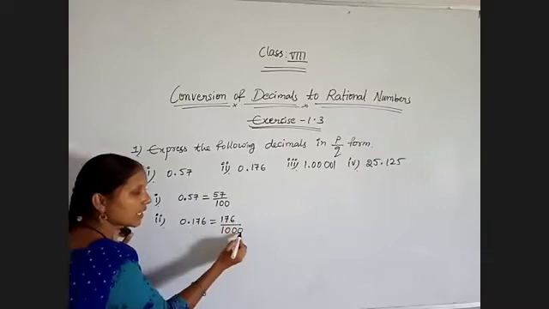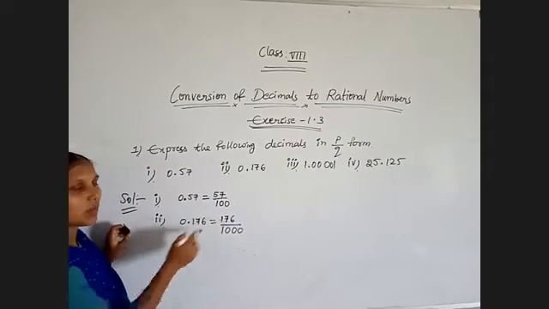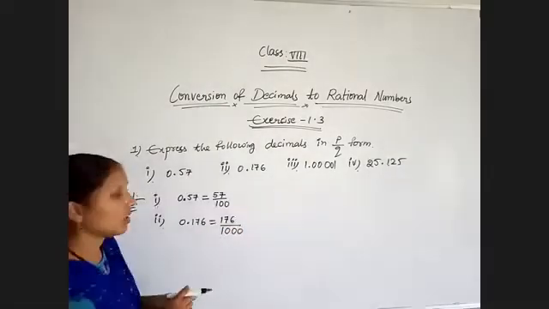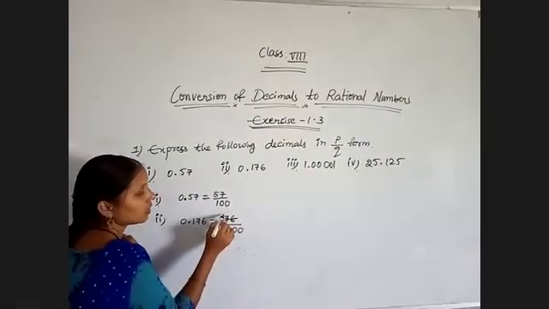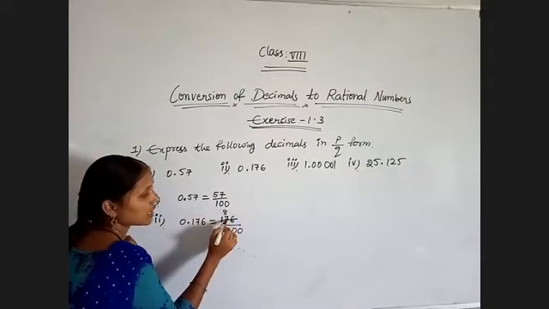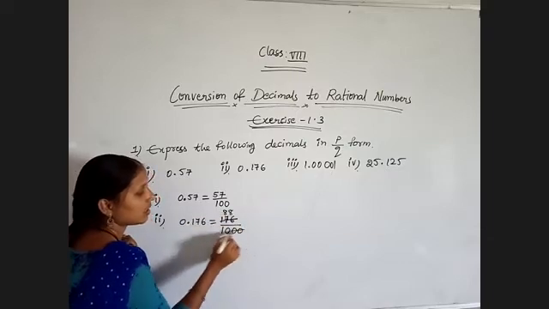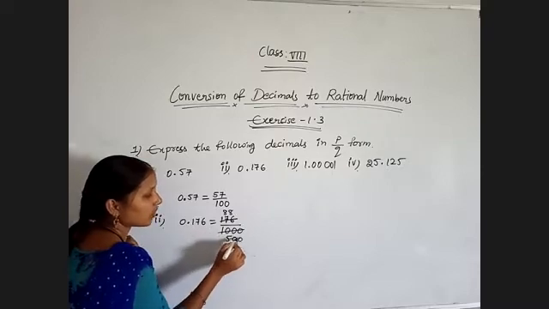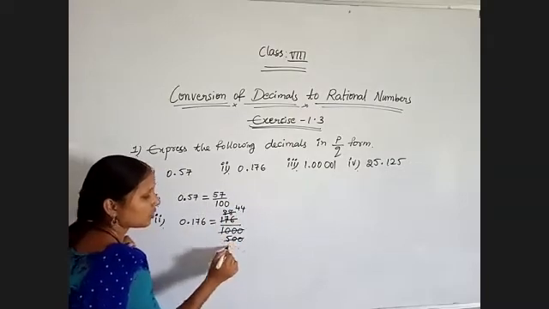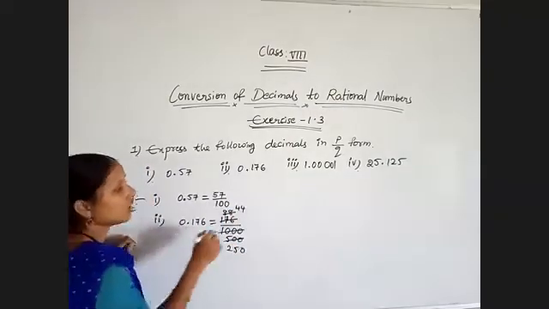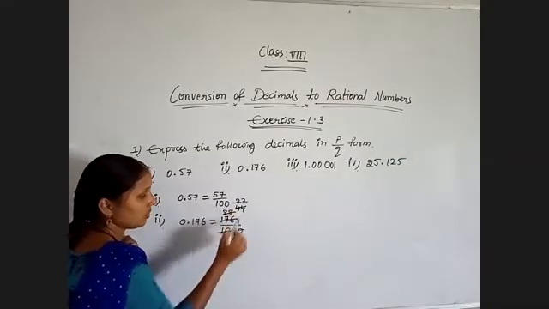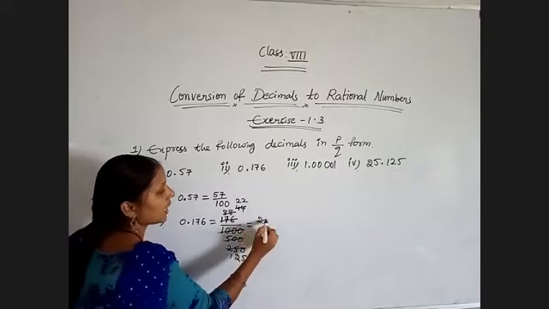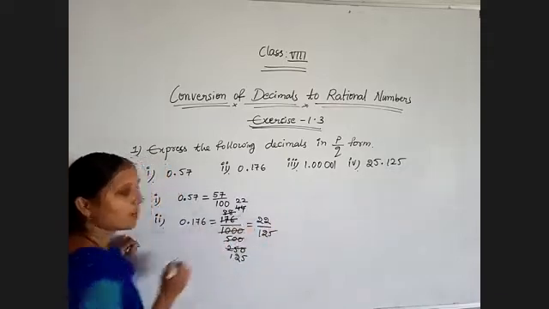Cancellation is possible because both numbers can cancel in the 2 tables, even numbers. 2 8s are 16, again 2 8s are 16. 2 5s are 10, 0, cancelling in the 2 tables. Now 22 by 125 is the simplest form.